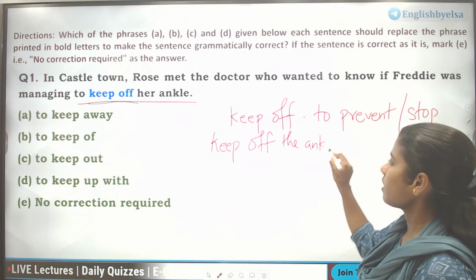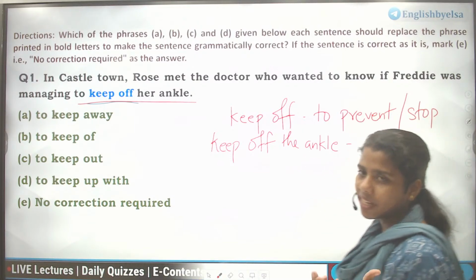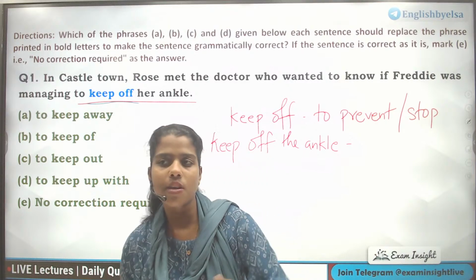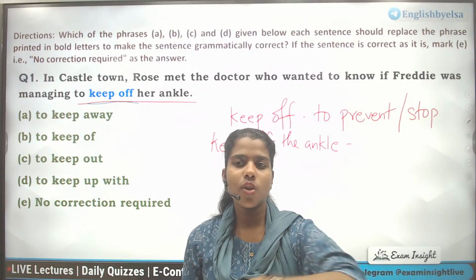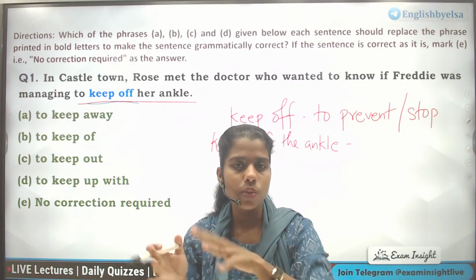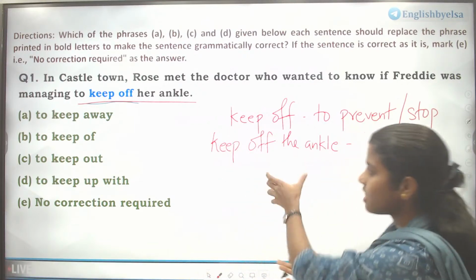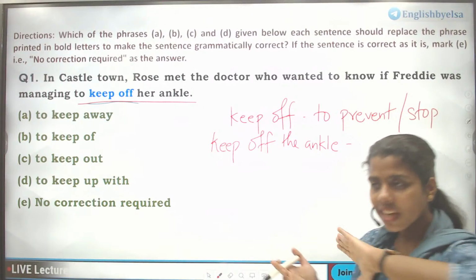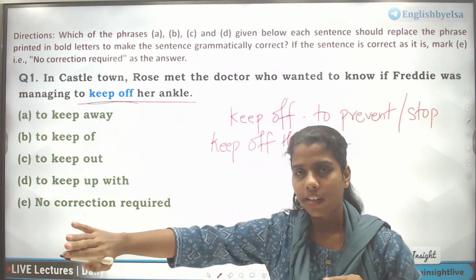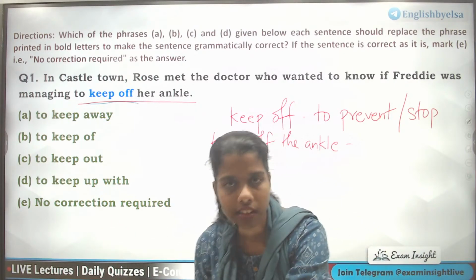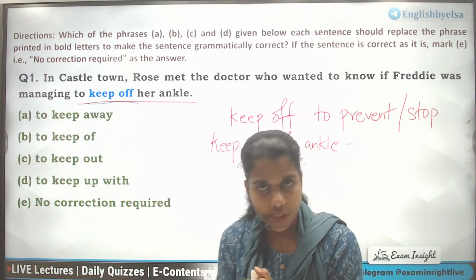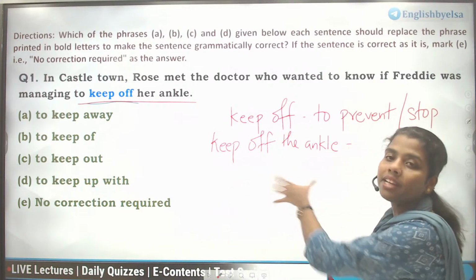It means when someone's ankle is injured, we say that do not take much strain to that ankle. So this phrase is used, keep off the ankle means you should not put much effort on the ankle. You should give rest to the ankle. That is what you mean by this phrase.